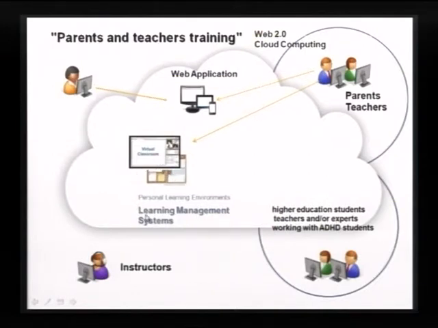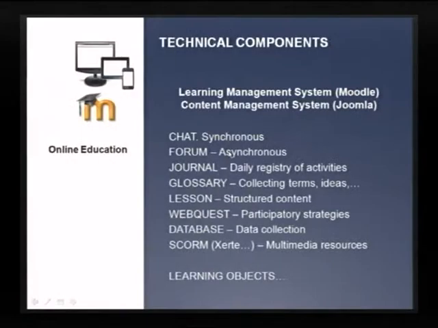That means that this learning management system will be a kind of collaborative learning system where instructors and all partners of the project are going to participate, and so we will build a virtual community.